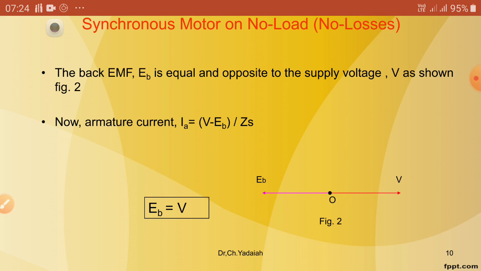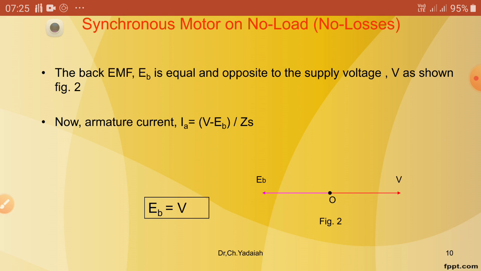Here mechanical energy is generated with the help of electrical energy. What is the input energy? Electrical input energy to our motor. Our input energy to our motor is the applied voltage into current, so in three phase it is root 3 VL IL cos phi.